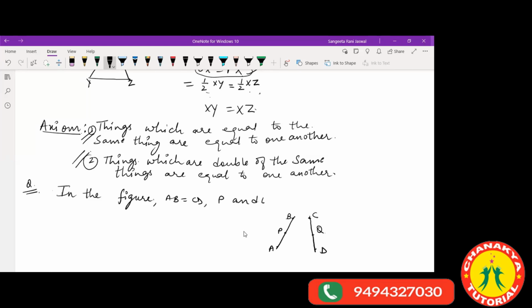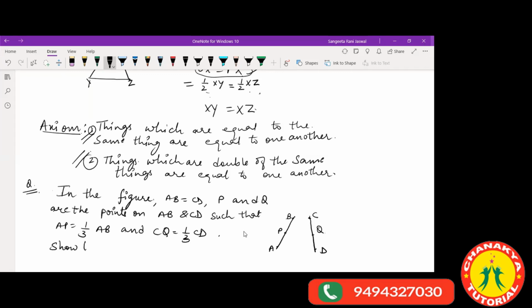P and Q are the points on AB and CD such that AP is equal to 1/3 of AB and CQ is equal to 1/3 of CD.